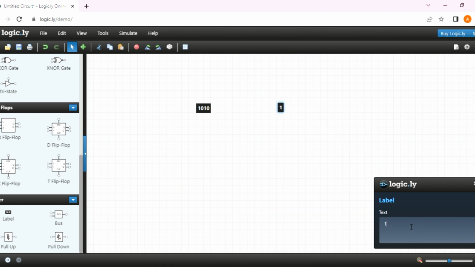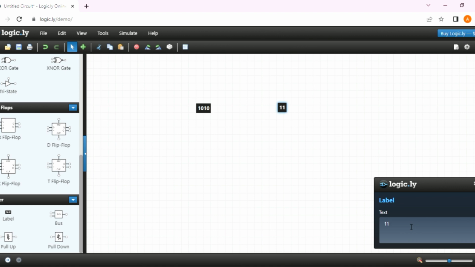Next, consider the first two bits 1 and 0. In an XOR operation, when both the inputs are the same, the output is 0. When the inputs are different, the output is 1. The first two bits 1 and 0 are different, so we write 1.